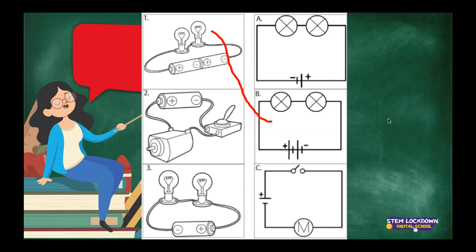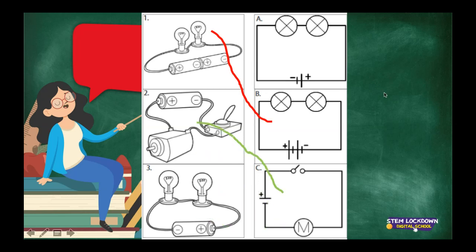Because number 1 has 2 batteries, we draw the first positive charge, the longer line, and the small line is a negative charge. Please remember: positive, long line; negative, short line. So number 1 is B. Well done to those of you who said B. Awesome.